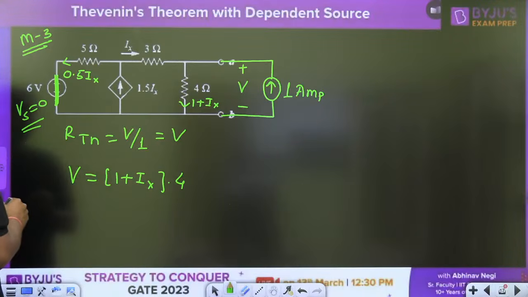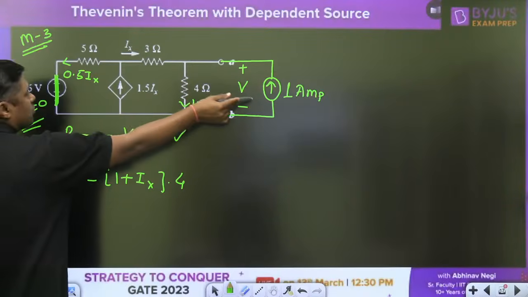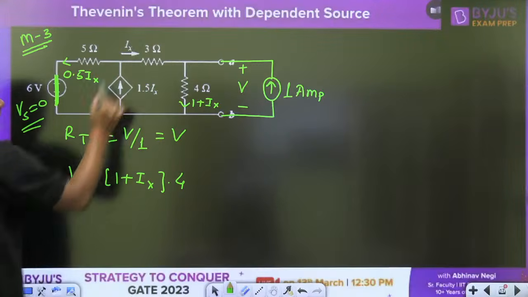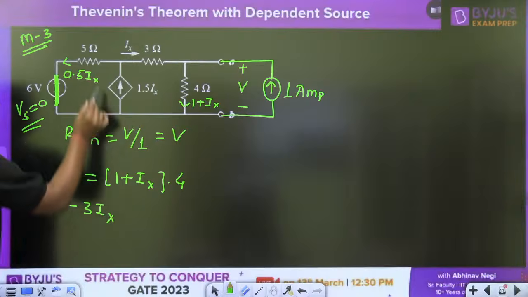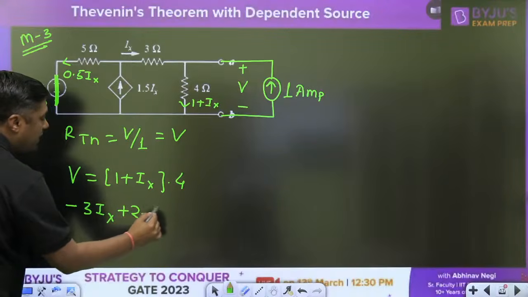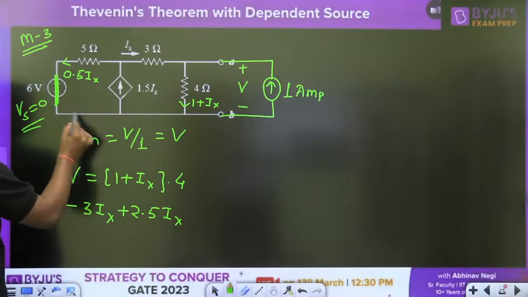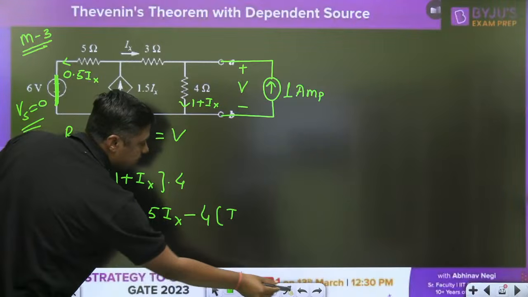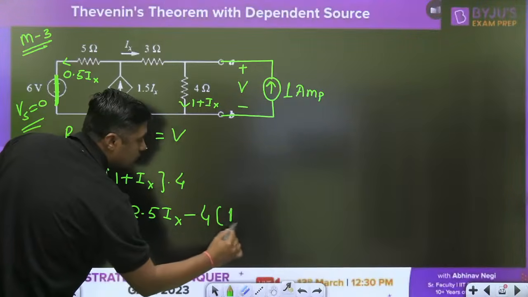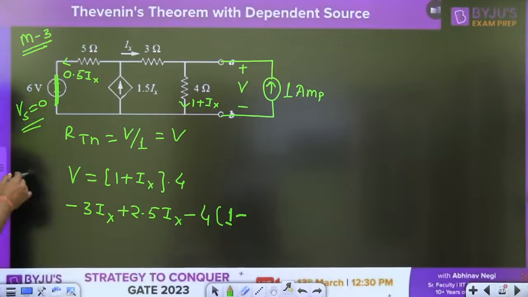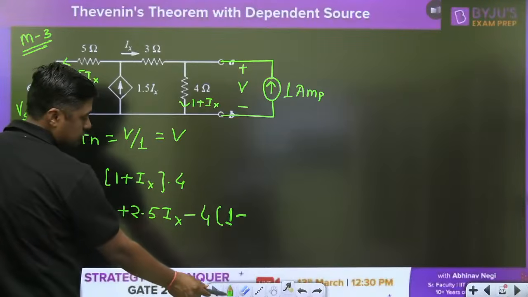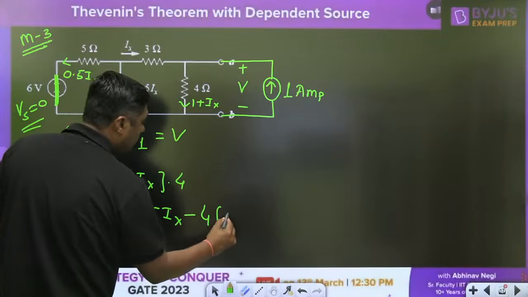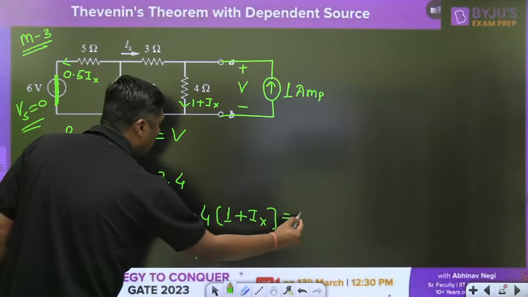To find the Ix, write down the KVL. With a current source we can't write the KVL, so write the KVL from this point to this point: minus 3Ix plus 2.5 Ix, move like this, minus 4 times (1 plus Ix) is equal to 0.